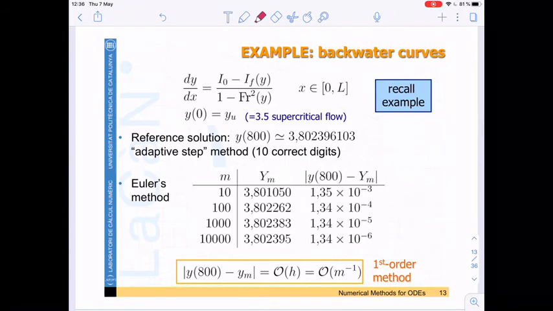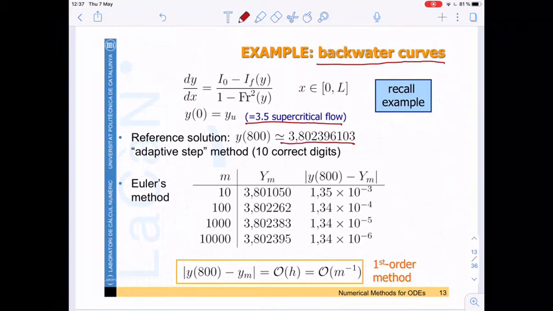Let us illustrate how this method works for the hydraulic example on backwater water level curves that we discussed previously. We're considering a supercritical flow, and imagine that our reference solution, correct to 10 significant digits, is this one.